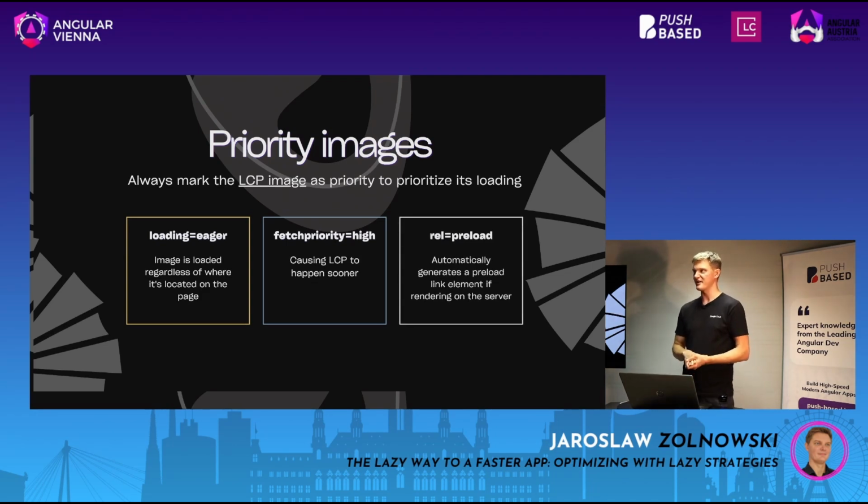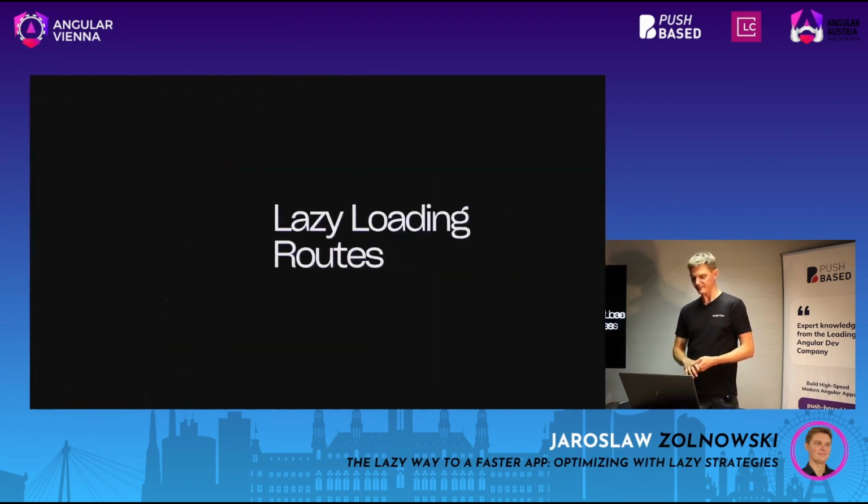And for server-side rendered applications, all priority images will get this additional rel equals preload attribute, meaning the images will be preloaded before rendering. The page will speed up the initial loading time even more.